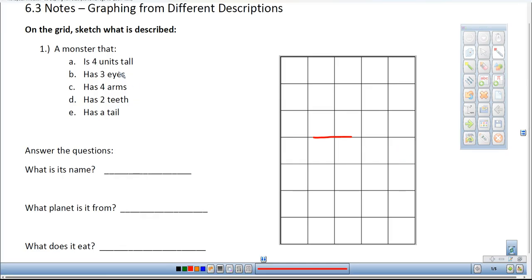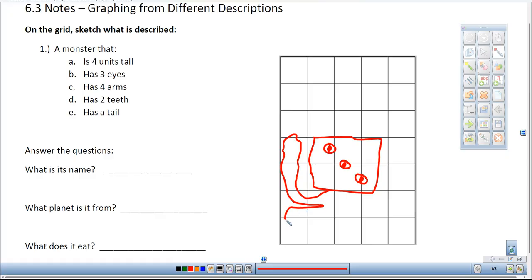So he has 3 eyes. Yeah, you weren't expecting that, were you? 4 arms. Okay.